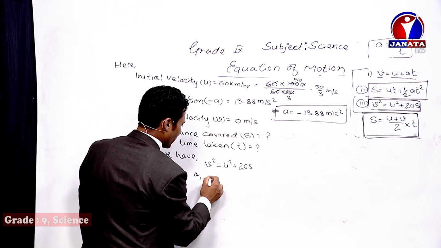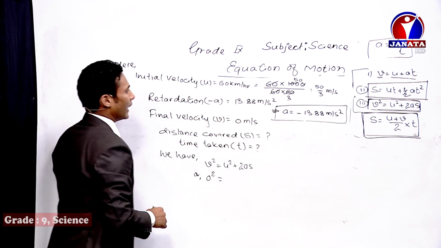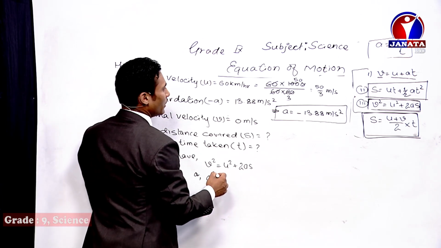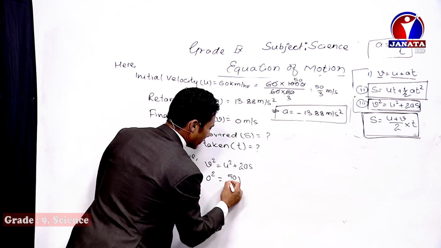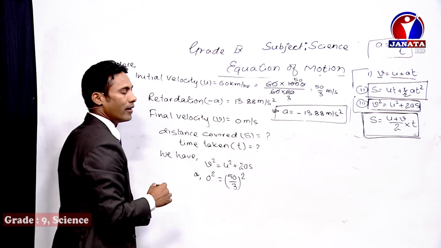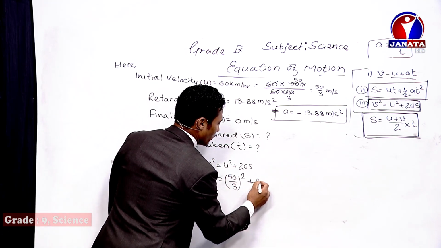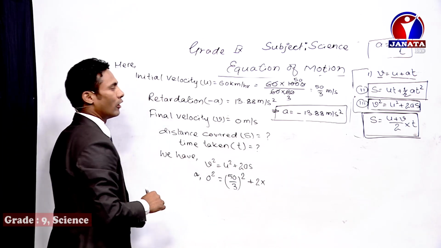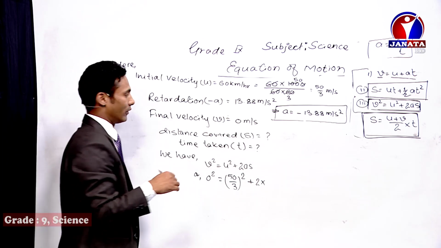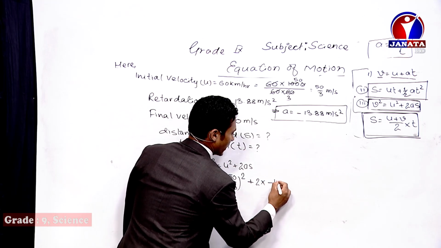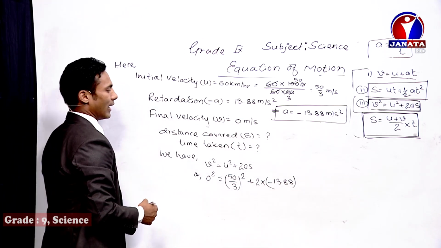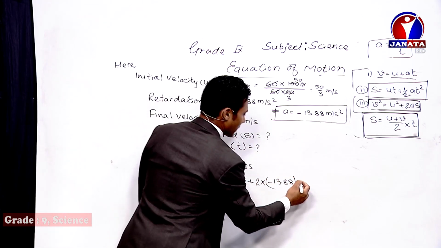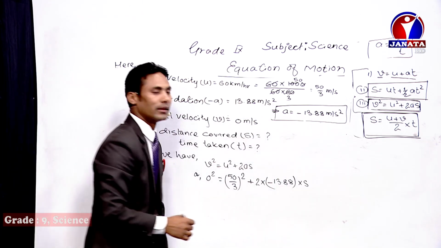Here v, final velocity, is 0. So I'll write down 0 square equals to initial velocity 50 by 3, I'll write in fraction itself, 50 by 3 to the square, right? Plus 2, I have said this value of a should be negative, that is minus 13.88. And the remaining one is s, s we need to calculate.